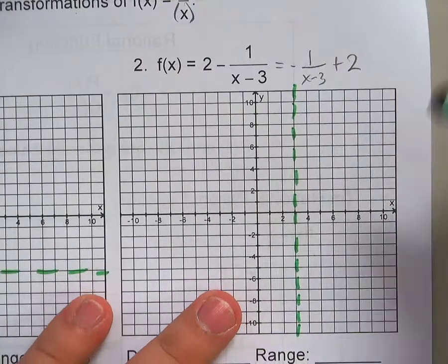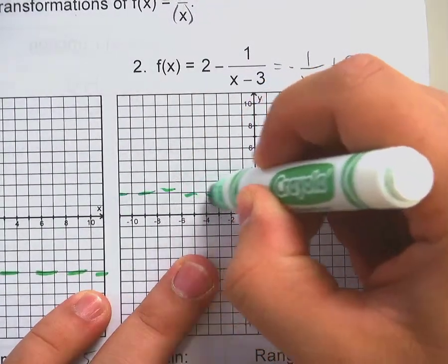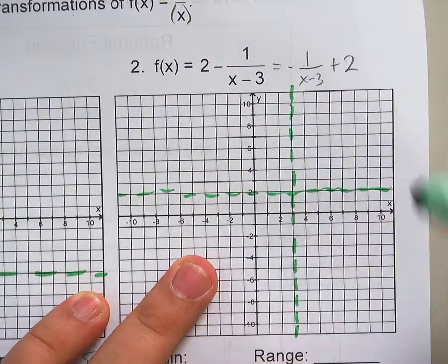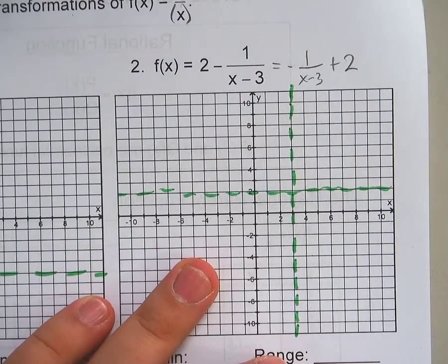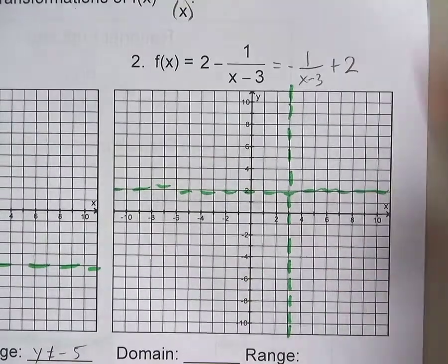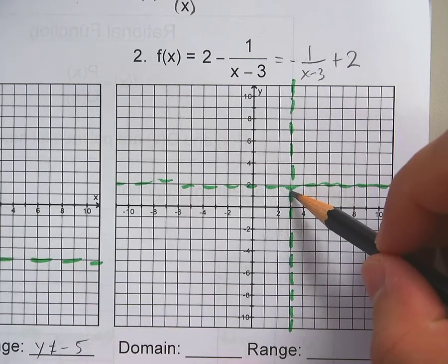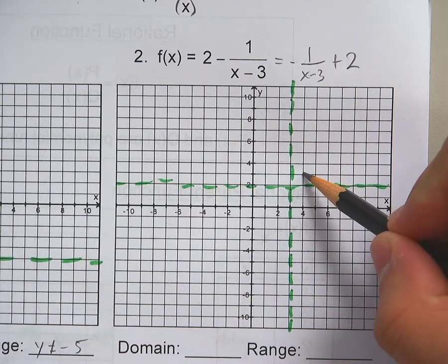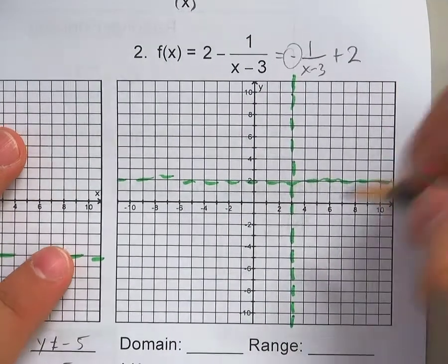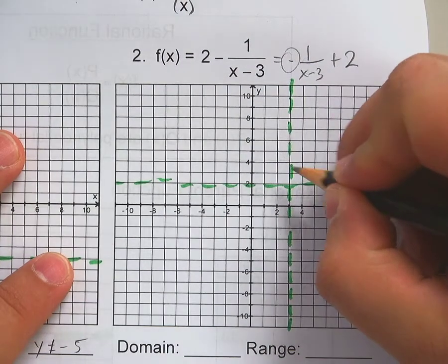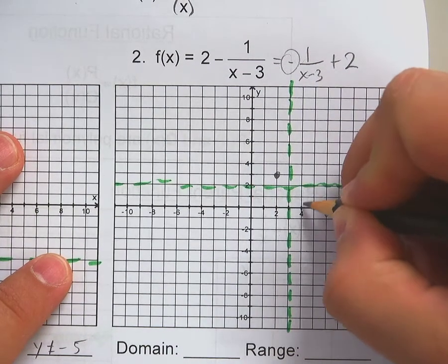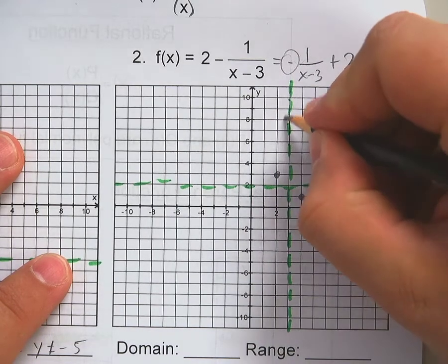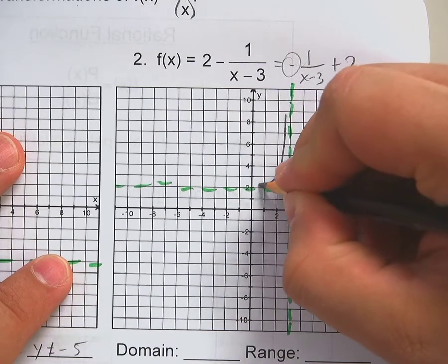Right 3, up 2, there's my asymptotes. And originally, it would have been up here, right? Up 1 over 1. But now I have this negative out here, so I'm just going to flip it across my quadrants. And here's what it'll look like now.